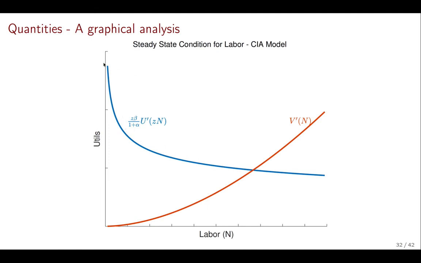That's going to be just the marginal utility of additional labor through consumption, and the right-hand side is going to be the marginal disutility of labor. Then, of course, when they cross, that's going to be the steady state level of labor. So that will be how you solve it. In the next video, we're going to talk about the role of inflation in the model.